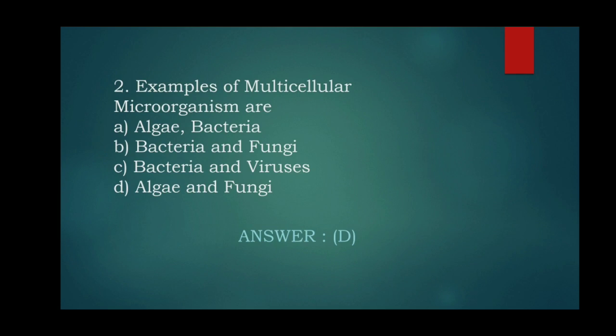Second question: examples of multicellular microorganisms are: A, algae, bacteria; B, bacteria and fungi; C, bacteria and viruses; and D, algae and fungi. You know that bacteria and virus are single-celled organisms, that is unicellular organisms, right? So the multicellular organisms are algae and fungi, that is the option D.